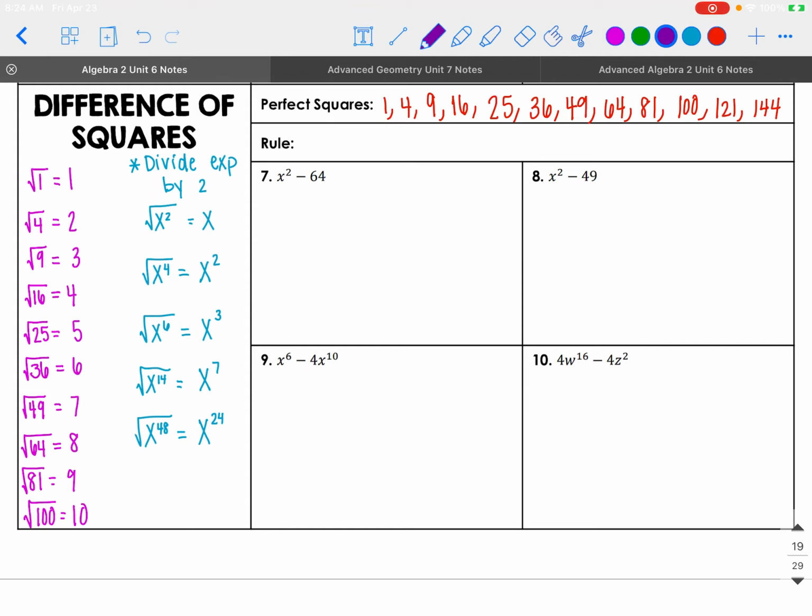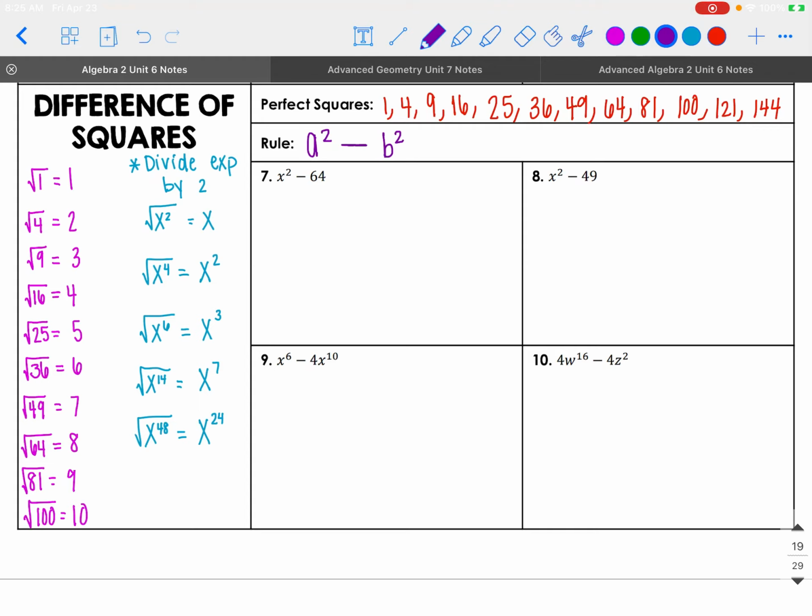So this is a type of factoring, difference of squares, when we have two perfect squares. Let's just call them a squared and b squared. They could be numbers, variables, or a combination. Everything is a perfect square, and it's subtraction. That's the important part.